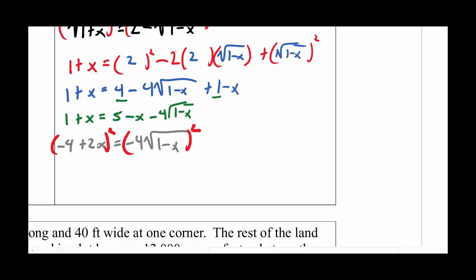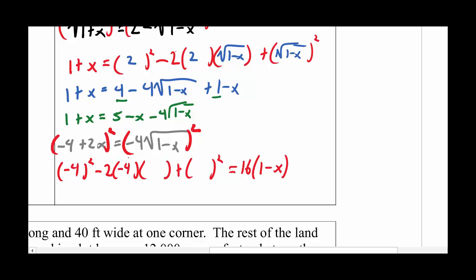Okay, and when I do that, we get a nice lovely pattern again, plus something squared equals. Okay, on the right side, we have negative 4 squared, which is 16 times 1 minus x. We're going to have to distribute that in.